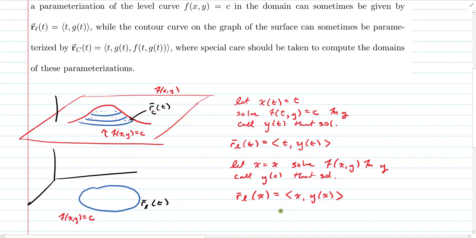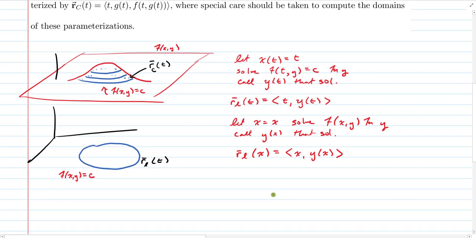Now that we've got that, we're going to make use of a clever trick that we developed in one of the earlier videos, and that is, we know that the gradient vector of this function f is always orthogonal to the tangent lines of this level curve.